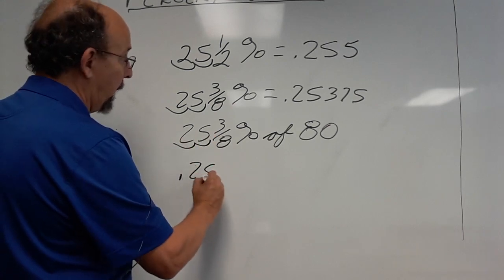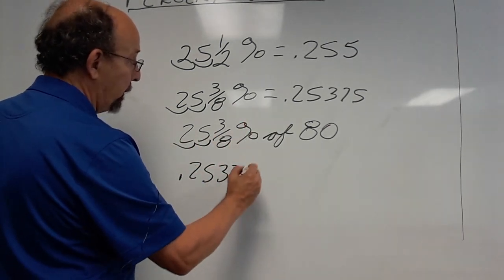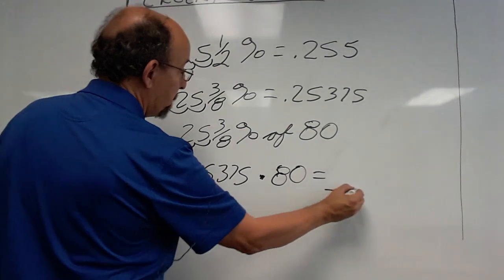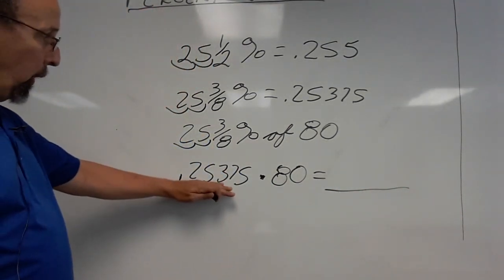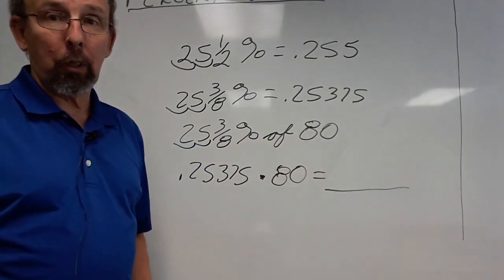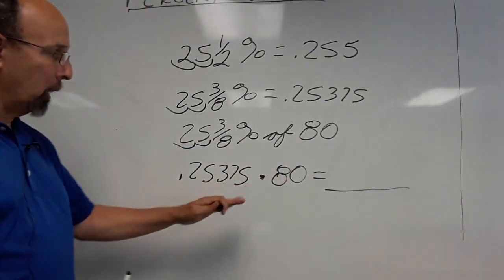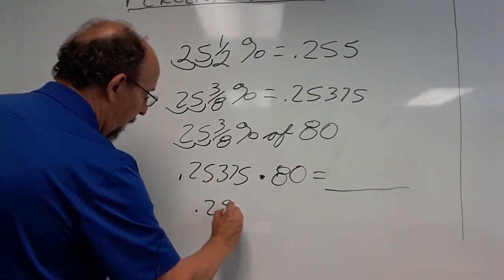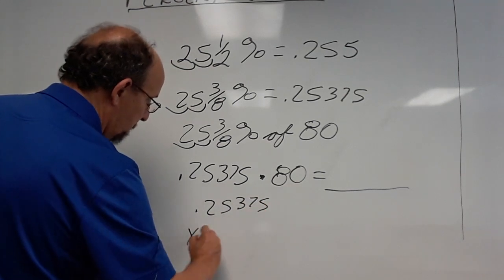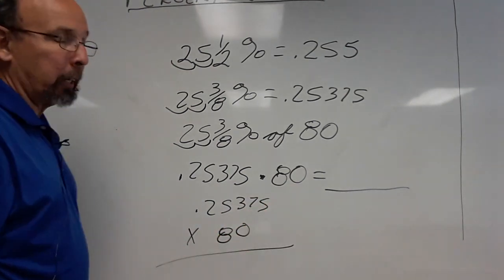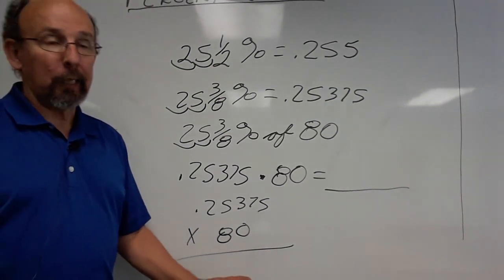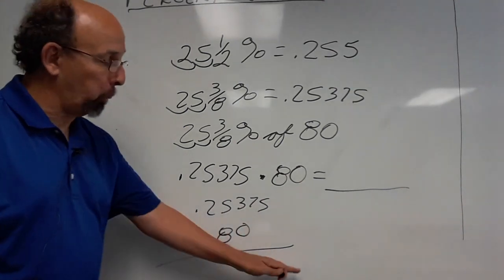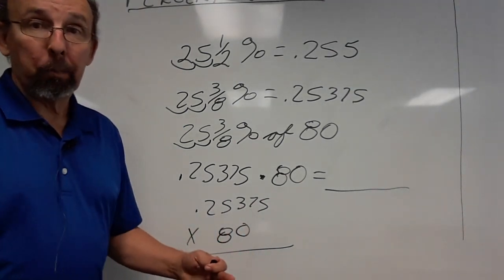It's going to be 0.25375, just like we show here, times 80. And that's going to give me my answer. Now, here is where I would tell students, don't do this times this. Do it this way. Take 0.25375 times 80, because it's a lot easier to do it that way. All you're going to do is multiply the 8 and then move 1, 2, 3, 4, 5 decimal places at the end. And you're done.